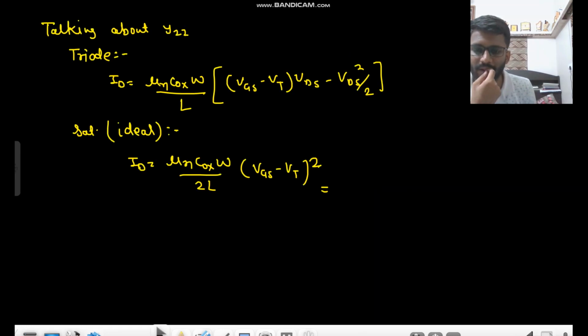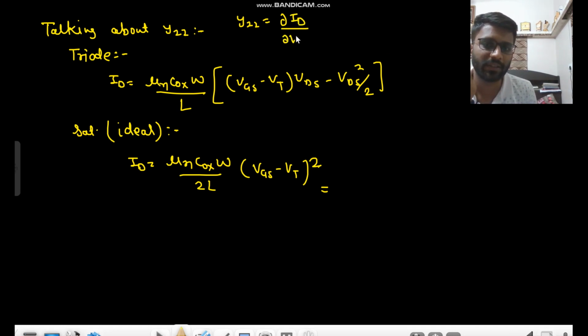So talking about Y22 in triode region, this is the current equation. In saturation region, this is the current equation. What would be Y22? Here I should write Y22 would be del I2 upon del V2, del ID upon del V2. What is delta VDS? Okay, so that we need to minimize.